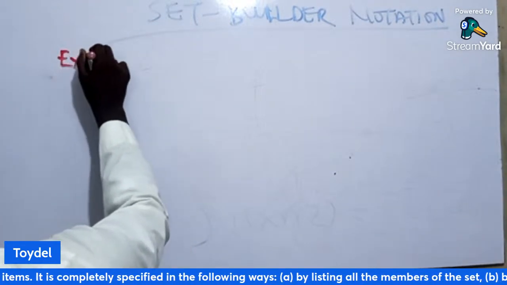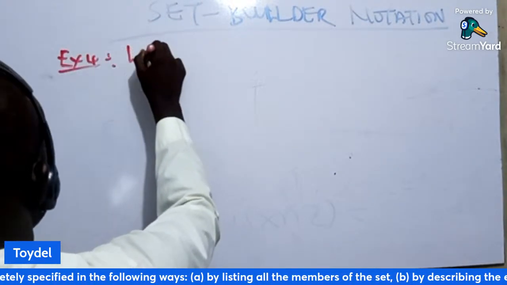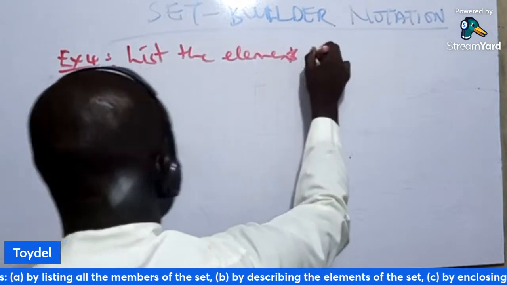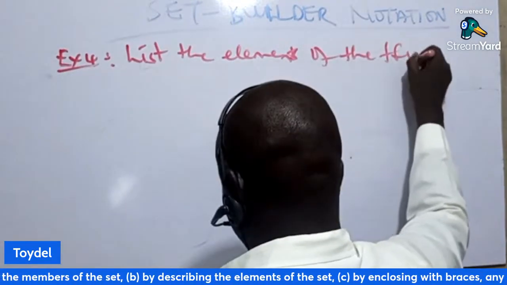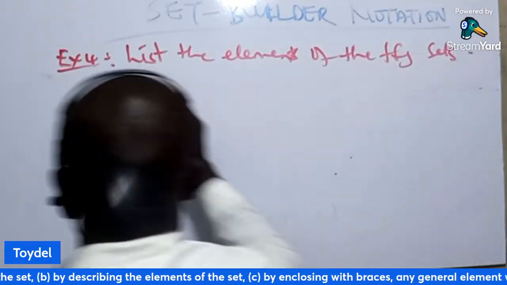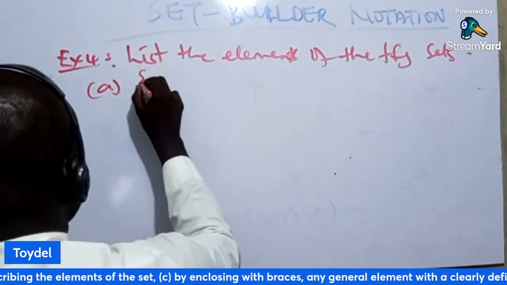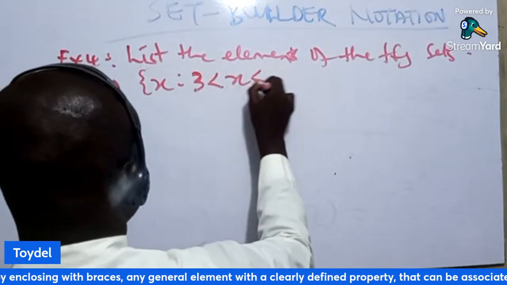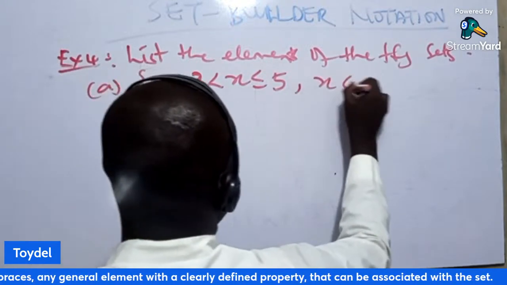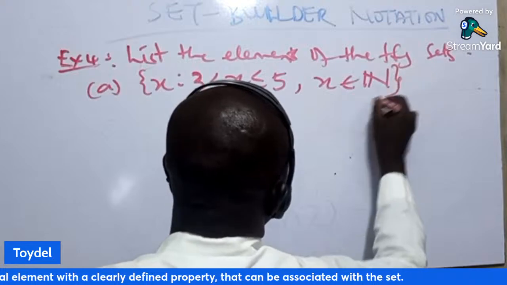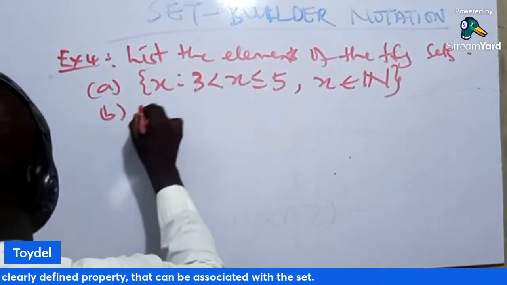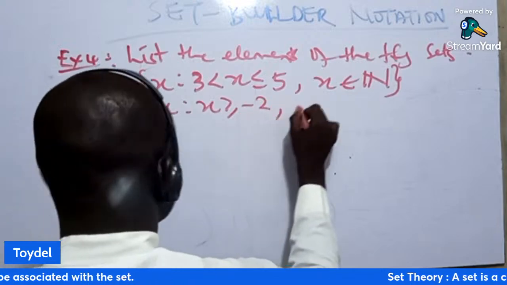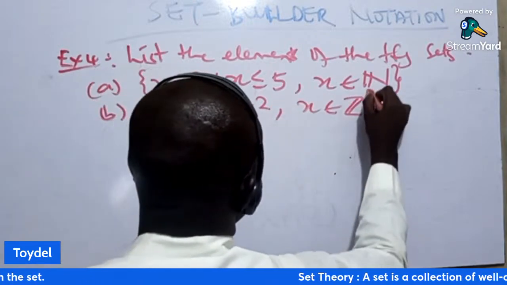Let's see example 4. The question says, list the elements of the following sets. That is A. The first element is where you have x such that 3 is less than x, less than or equal to 5, x belongs to natural numbers. Then B, we have x such that x is greater than or equal to minus 2, x belongs to integers.